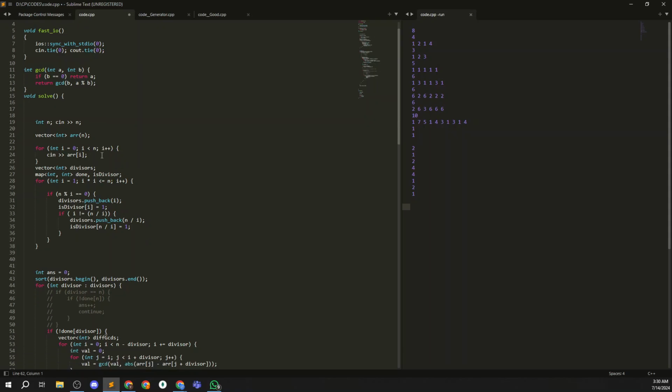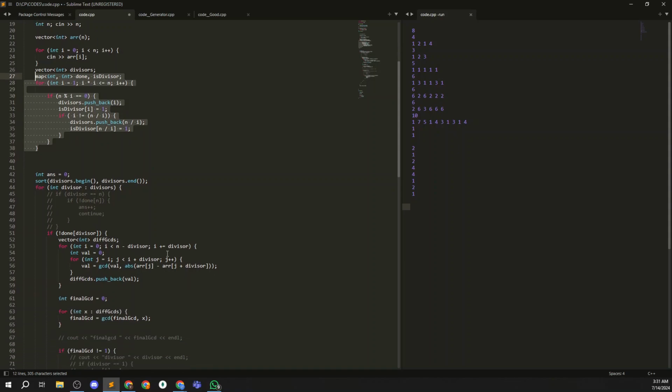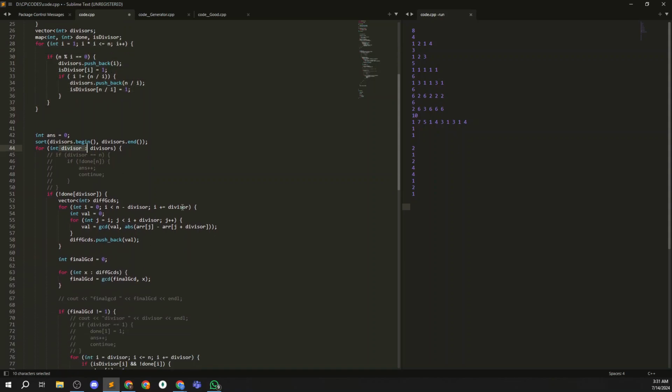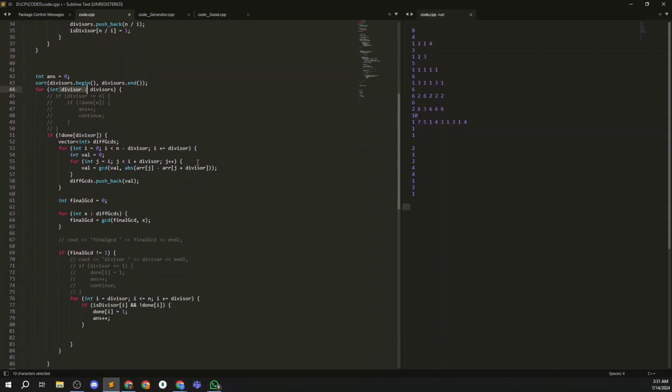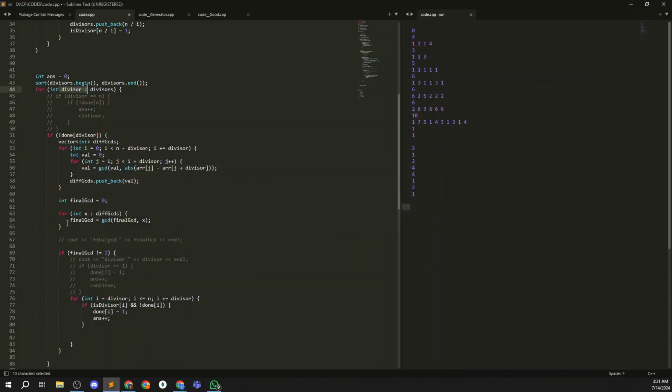Here I have taken n as input. Then what I have done is I've taken the divisors of n, and for each divisor, what I have said is, I am taking the first two subarrays, so I am checking here the first two subarrays' indexes.